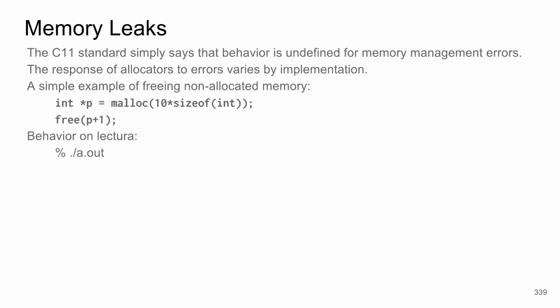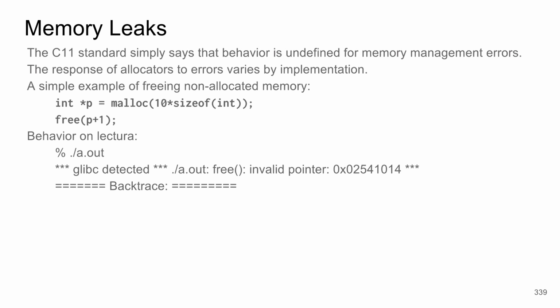So if we run this on Lectura after compiling with GCC, we get this output right here. If we try running our executable, it says glibc detected, a.out, free invalid pointer, then it prints out a backtrace. Okay?